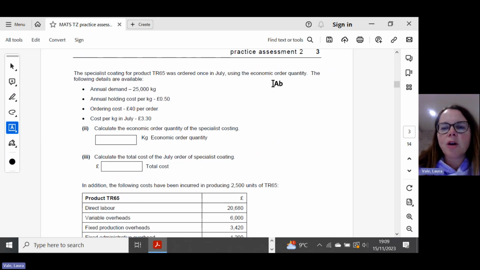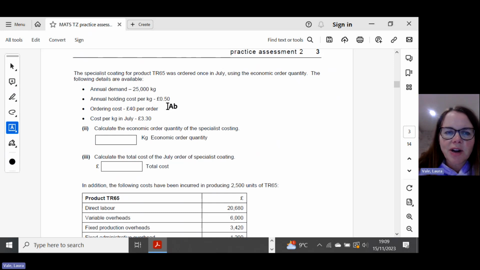Right, so the economic order quantity, otherwise known as the EOQ, is the thing that's got the square root of 2 cod and chips as the formula. So it's 2 times the cost of ordering times the annual demand, divide by the cost of holding, that's the chips, so 0.5.